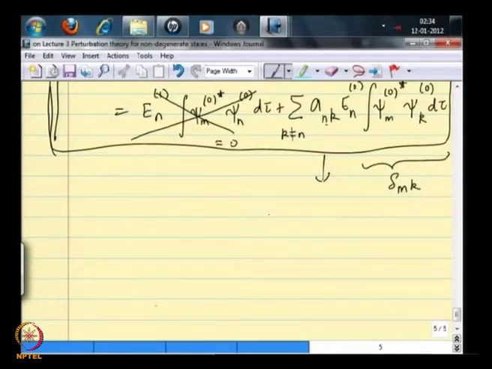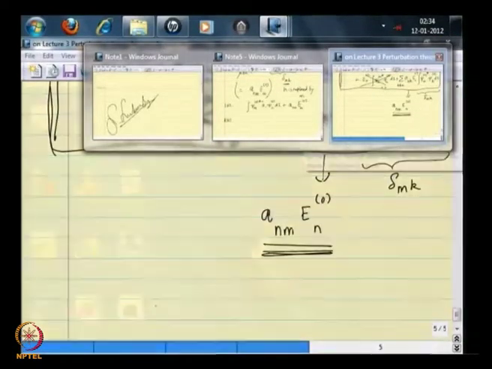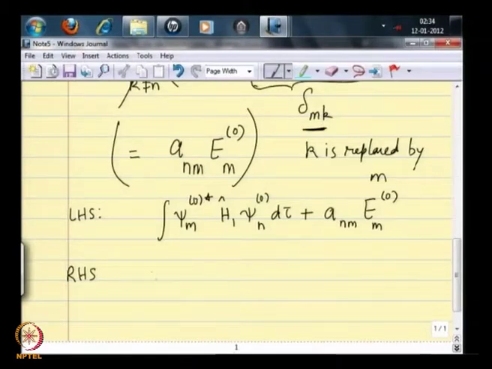So the answer would be a n m e n 0, and only for that this integral is 1, otherwise it is 0, okay, and there is no other term. So what you have on the right hand side is a n m e n 0, which we will now put in our equation here, namely right hand side is a n m e n 0.